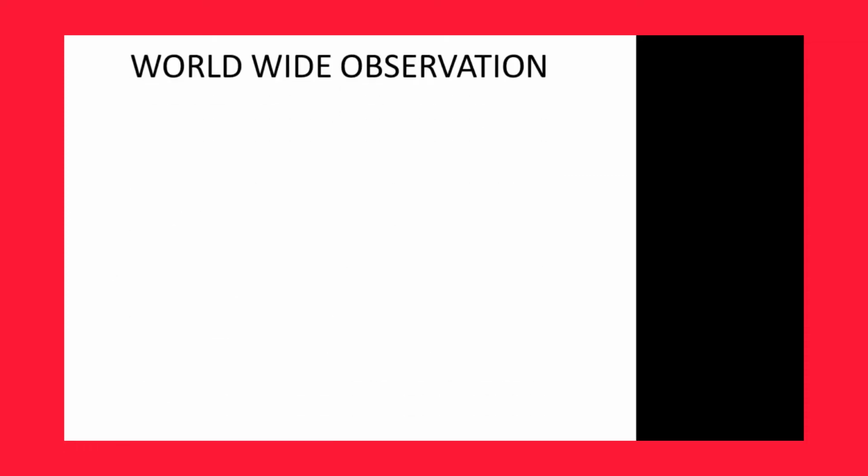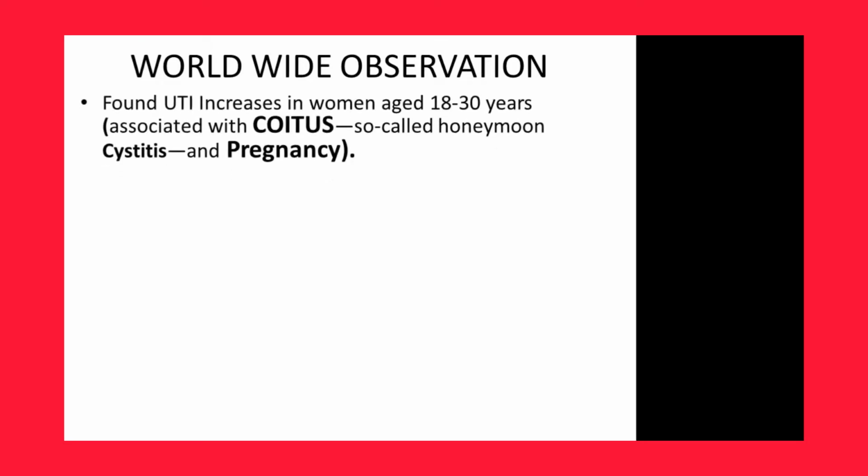The worldwide view is almost similar to the federal government position. UTI increases in women, especially aged 18 to 30. That's when they start having coitus and getting pregnant. You can understand.